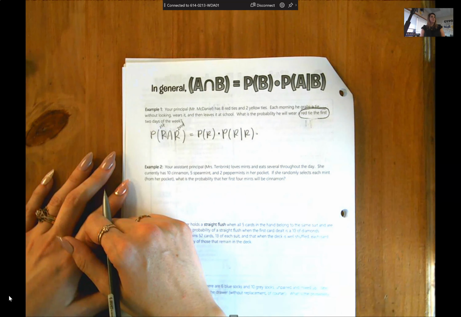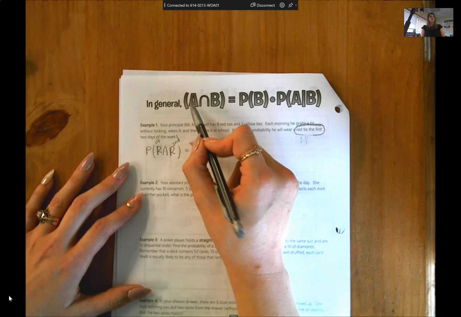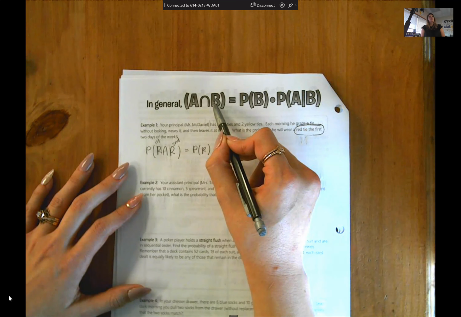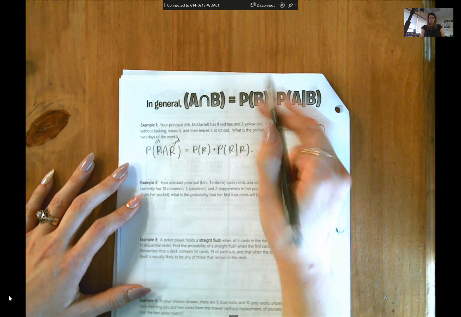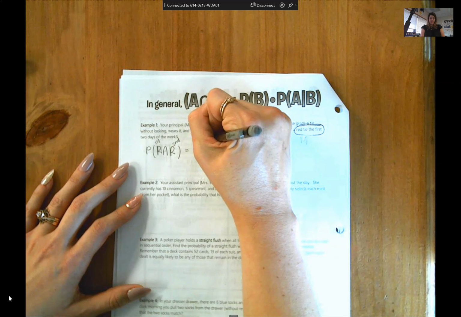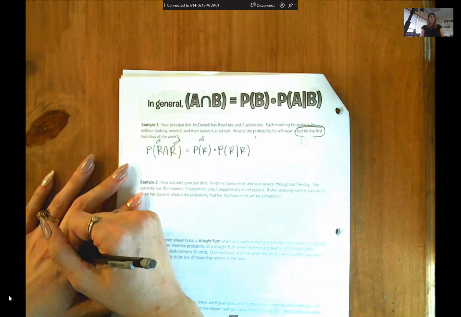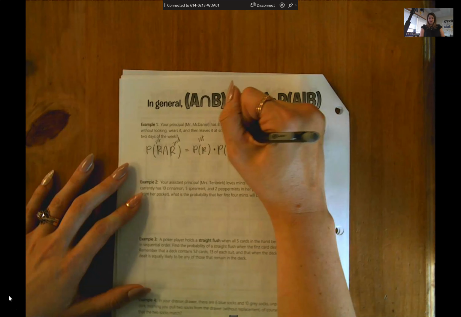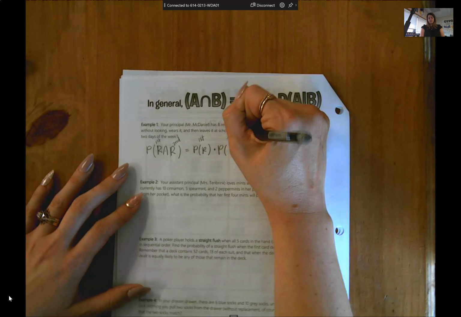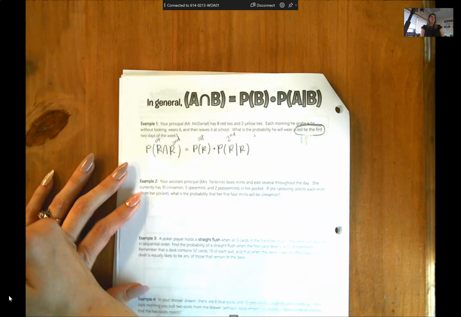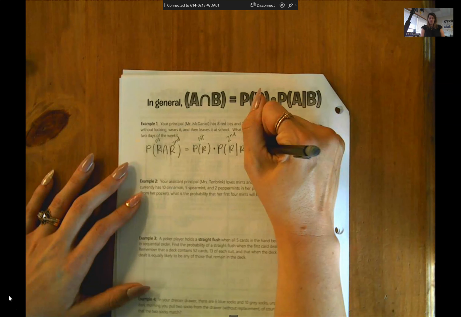Okay, so here I'm following this top part. The probability that the first is red and the second is red is equal to the probability that the first is red. So this means that the first is red. They get easier after this, I promise. Times the probability that the second is red, given that you already pulled out a red one. Okay, I feel better about this now.